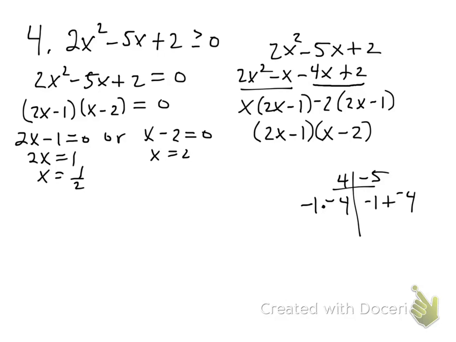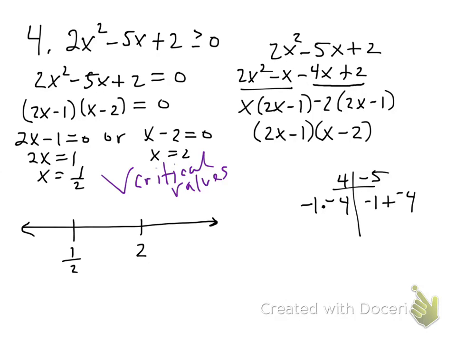So next thing we'll do is we'll put those critical values on a number line. And now remember, we're going to graph the corresponding quadratic function f of x equals 2x squared minus 5x plus 2. Again, we have a positive coefficient of x squared, so this graph is going to open up.